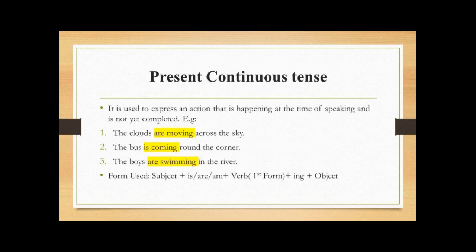Now let's come to present continuous tense or present progressive tense. It is used to express an action that is happening at the time of speaking and is not yet completed. For example, the clouds are moving across the sky, the bus is coming round the corner, the boys are swimming in the river.